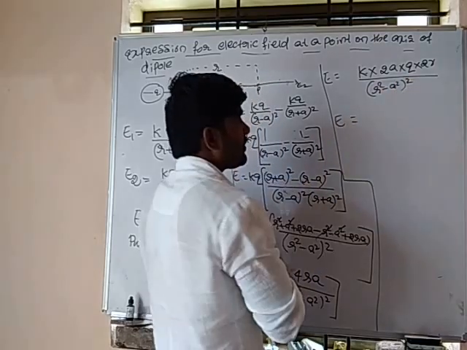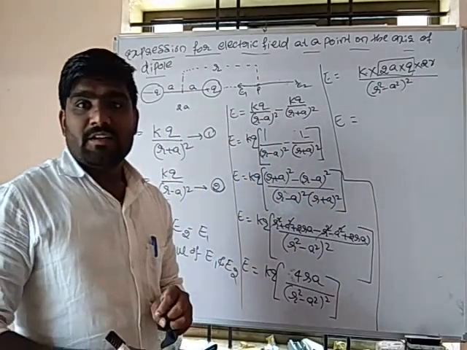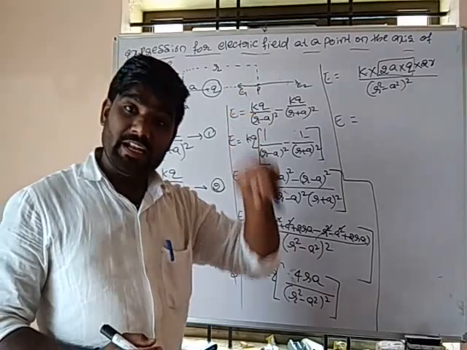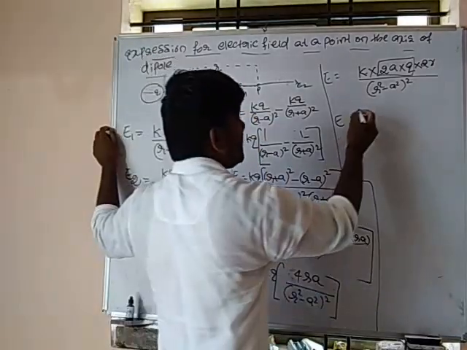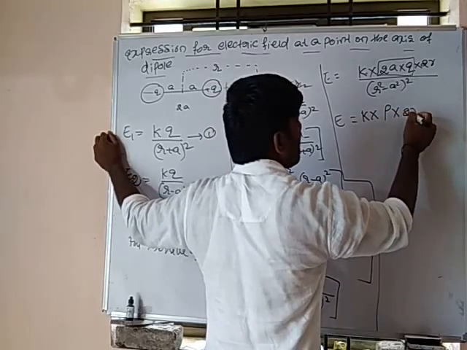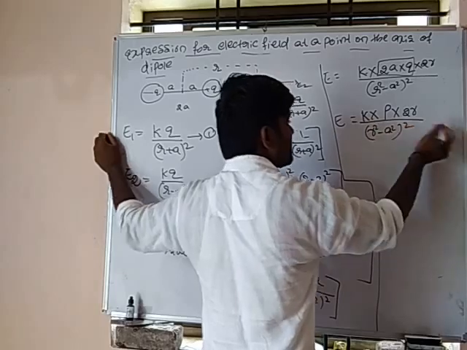So what is the value of Q into 2A? It will be P, the electric dipole moment. So E is equal to K into P into 2R divided by (R square minus A square) whole square.